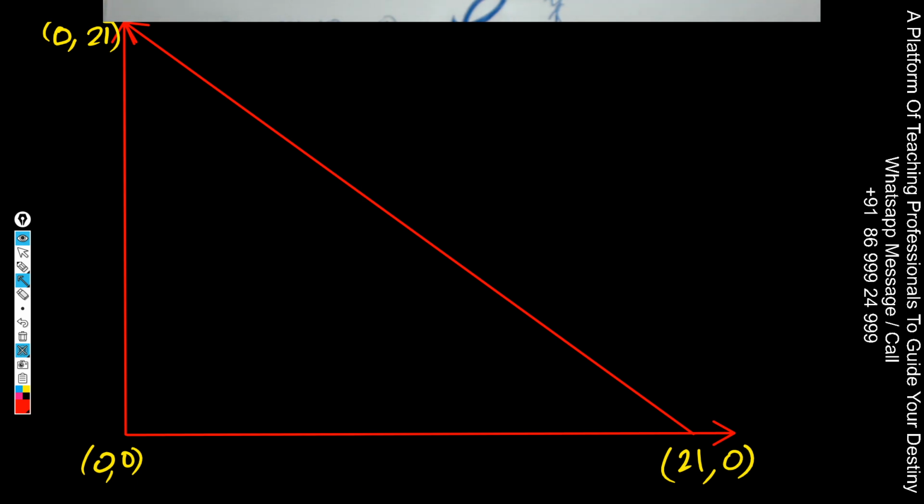This is 21, that is 21. Now what he means to say, he wants integral points here. What are the integral points? For example, I have taken a line here, x equal to 1.